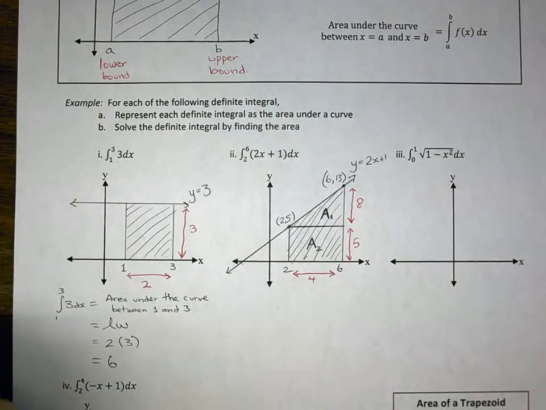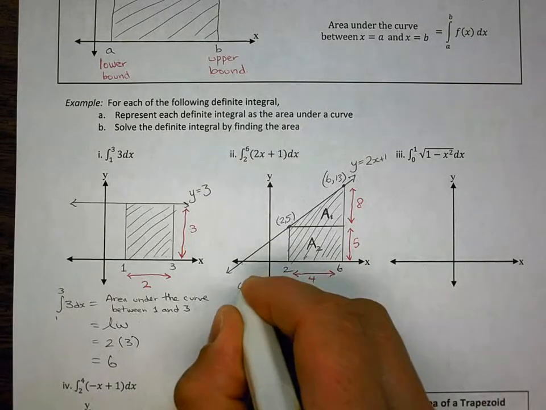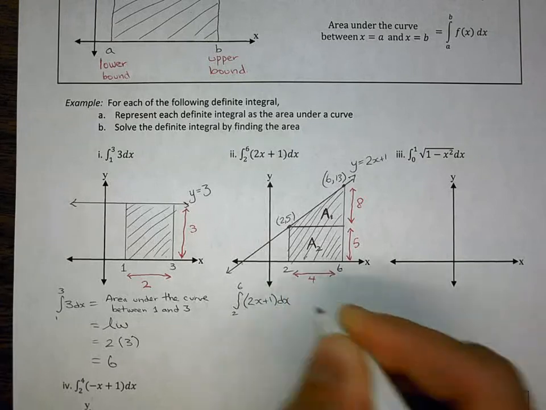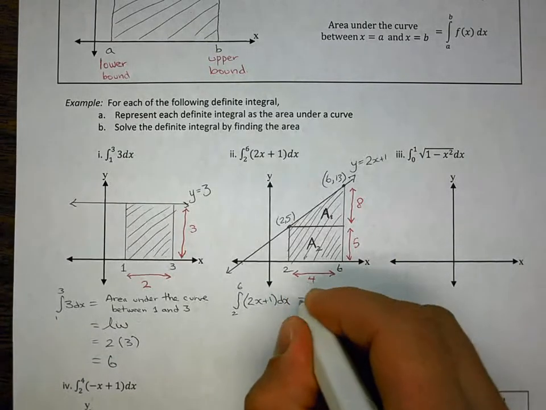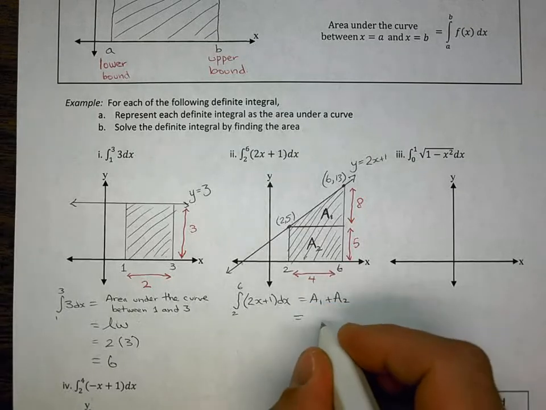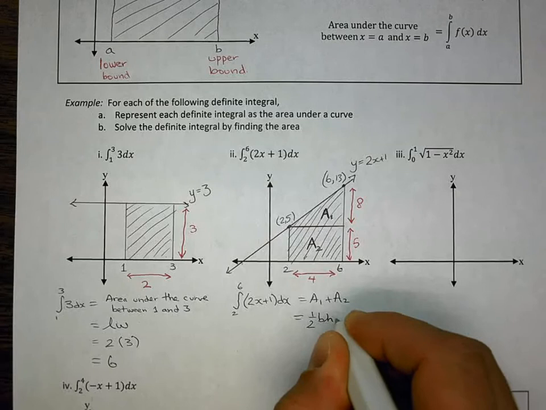Great. So now, again, this integral from 2 to 6 of 2x plus 1 dx is actually area 1 plus area 2. Now, area 1 is a triangle. The area formula for that is half base times height.